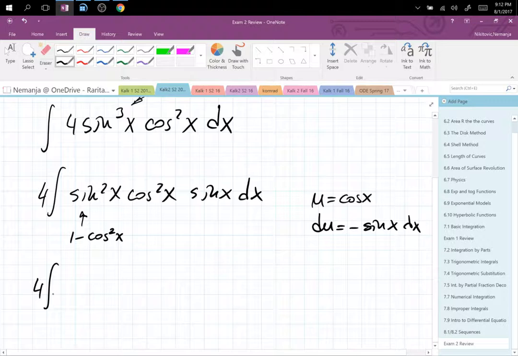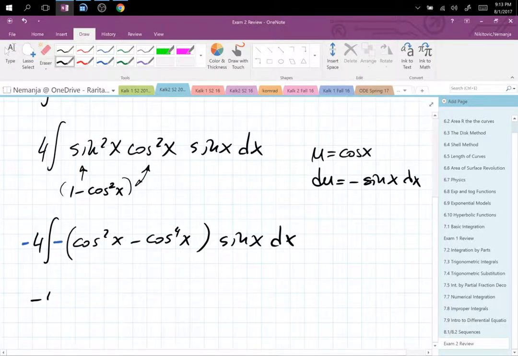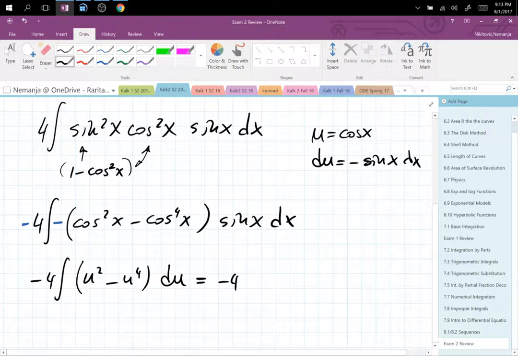So for the integral, when we multiply these, we have cosine squared x minus cosine to the 4th x times sine x dx. I need a negative for the sine, so I put the negative there, and I end up with 4 integral of u squared minus u to the 4th du, which is negative 4 times u cubed over 3 minus u to the 5th over 5 plus c.